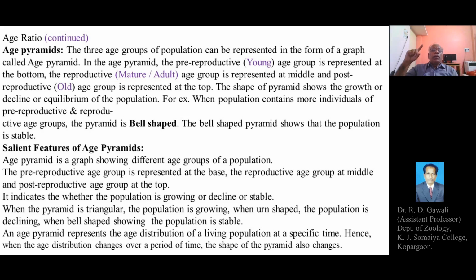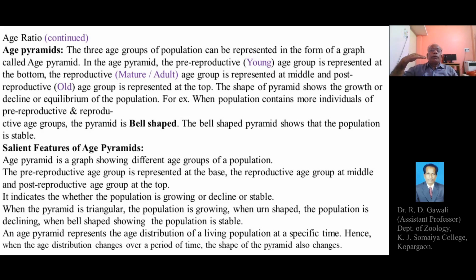In the age pyramid, the individuals of the pre-reproductive or young age group are represented at the bottom.